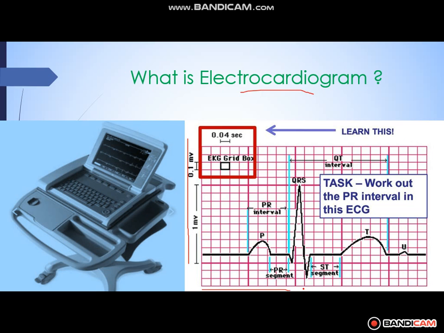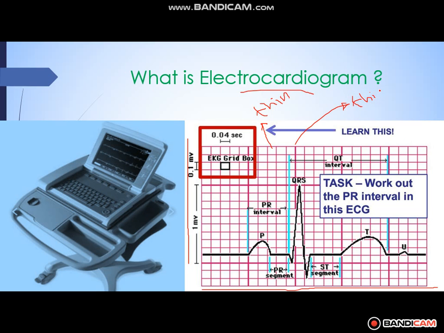It has vertical and horizontal lines, and also it has thin lines like this, and also thick lines. This one is a thin line, and this one is a thick line.